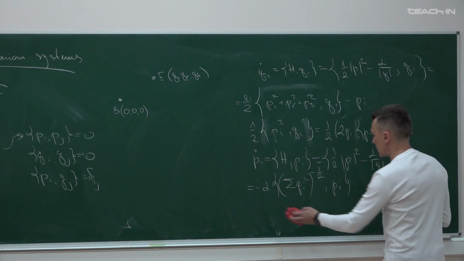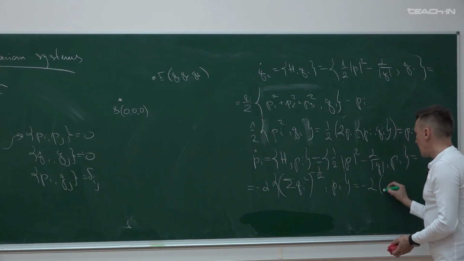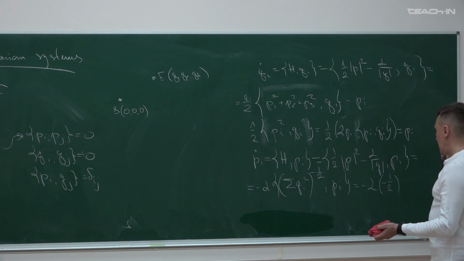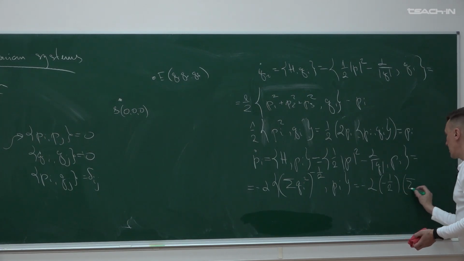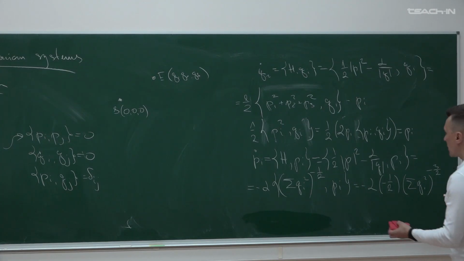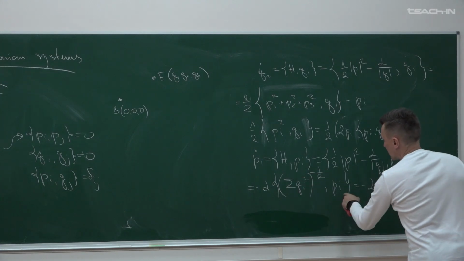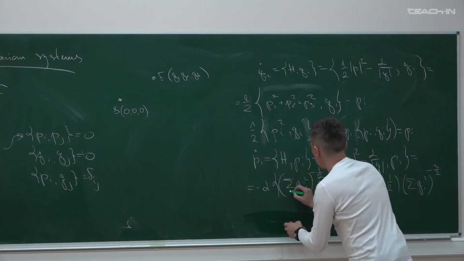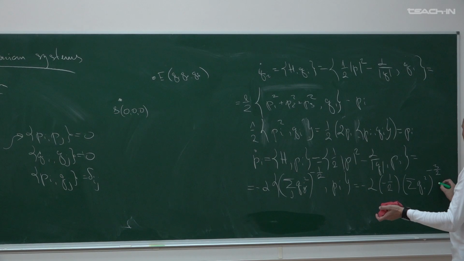We should differentiate it by the Leibniz rule. So it is minus alpha times minus one half, this term to the power minus three halves. Now we should calculate the Poisson bracket of the corresponding q_j squared with p_i. So we should choose j equal to i, and then it will be 2 q_i.